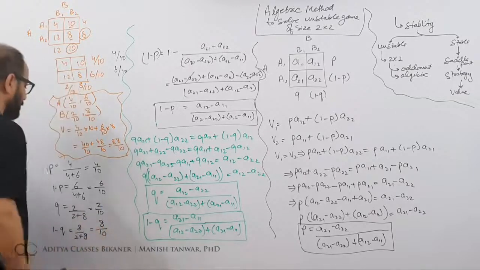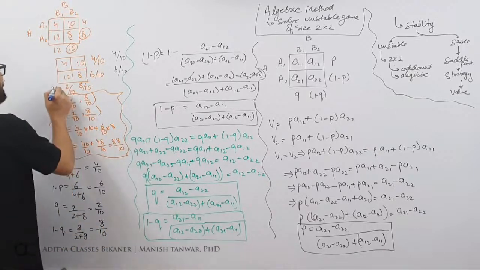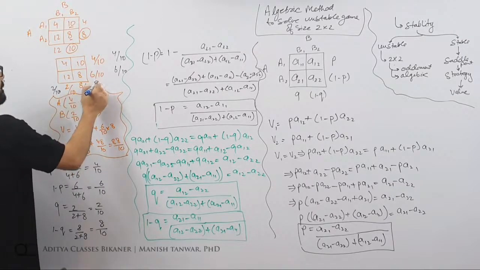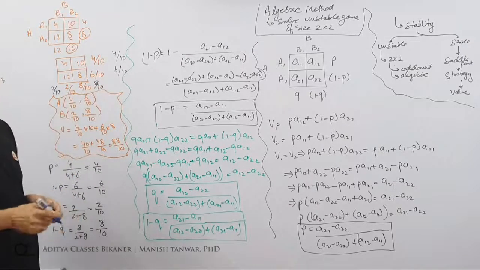So we see that we are getting same odds, same probabilities, but through different method.